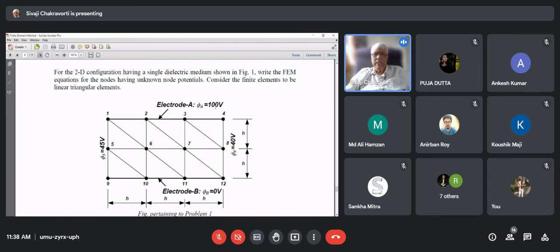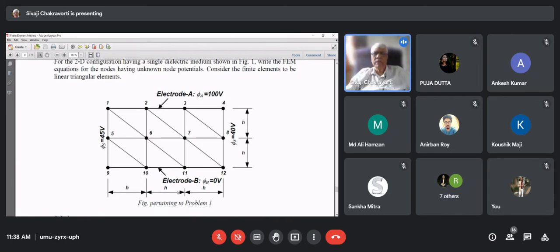Top plate I am assuming 100. Bottom plate I am assuming 0. By the way, in all field calculations, you will probably find that the values are taken as 100 and 0. There is a clear-cut logic behind that. 100 doesn't mean it's the absolute value. 100 stands for 100%. So if it is 33 kV, 100% is 33 kV.